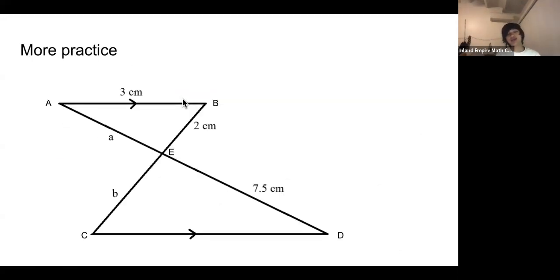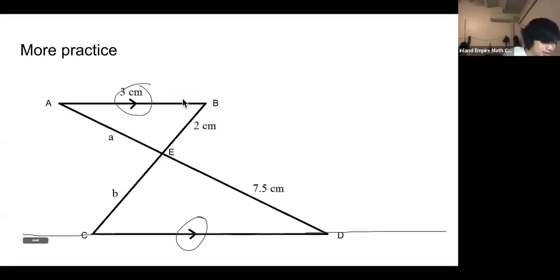So here we have another piece of practice. What this right here means is that these two lines are parallel. So CB, this line, is parallel to that line if we extend those. If we extend these two lines, they are both pointing in the same direction.